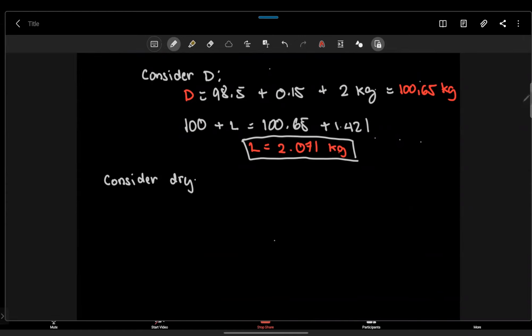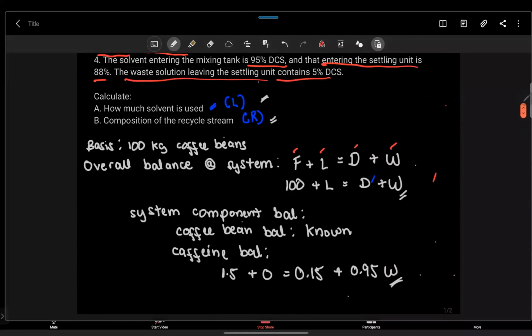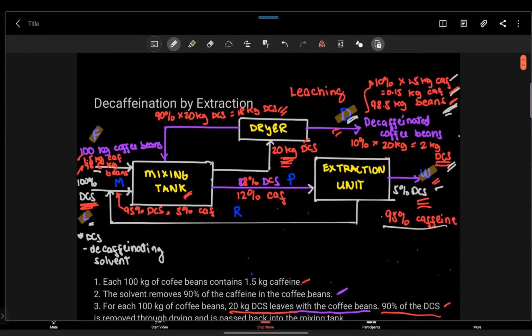So, ang ginagawa ko ngayon is, iniisa-isa ko yung mga equipment or mga unit operations. So, dryer, baka may ma-solve tayong material balance dito sa dryer na to. So, let's see. Balik natin sa flowchart. Ito yung dryer.